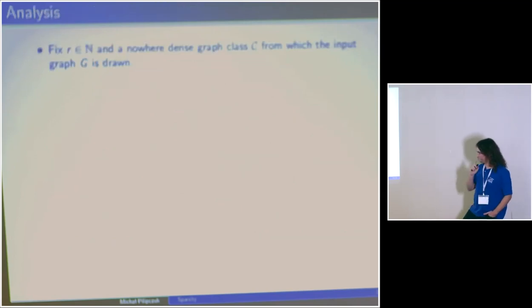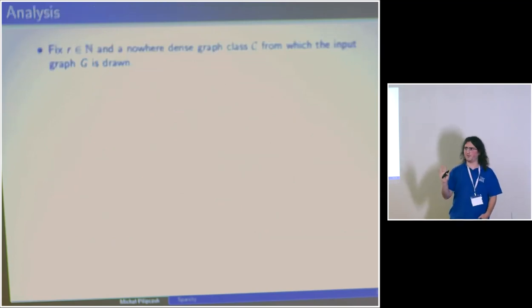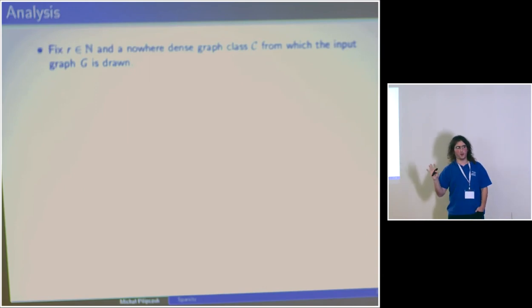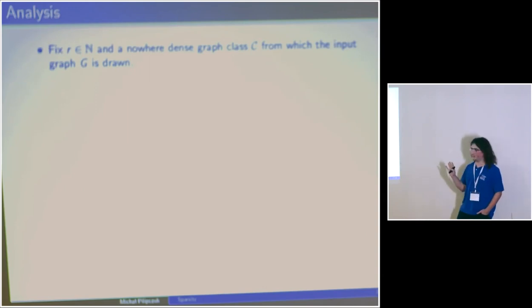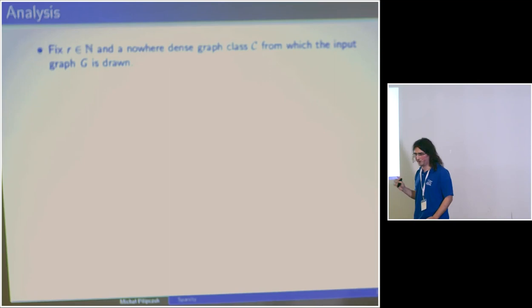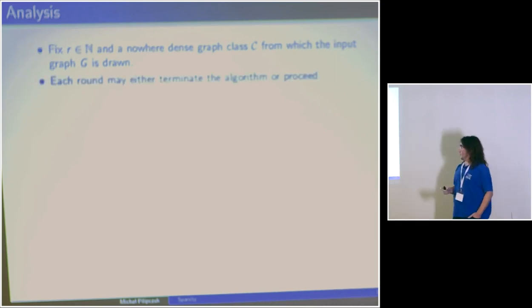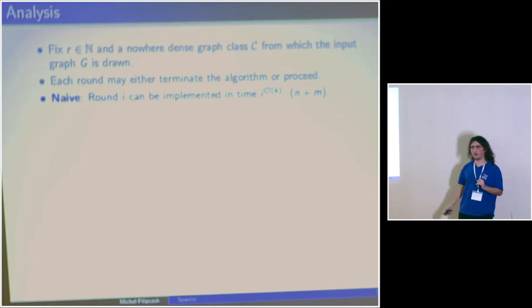Okay, so let's analyze it. So suppose I have fixed r, and I have fixed a nowhere dense class from which I have taken the input to this algorithm. Yes, so each round may either terminate the algorithm, saying yes or no, or will just proceed. Yes? So let's look at round i. If I implement now round i, yes, I am interested in dominating a set of size i.